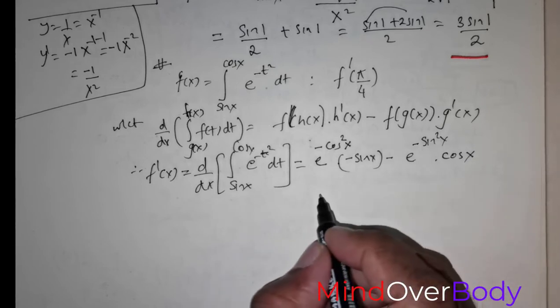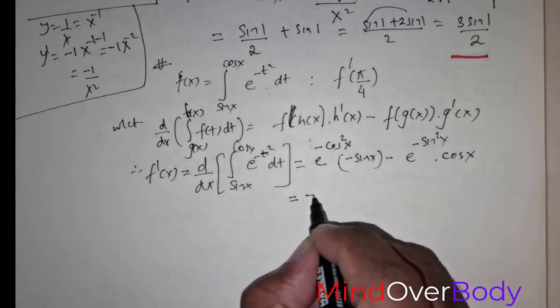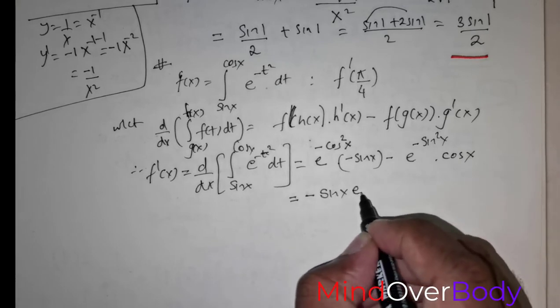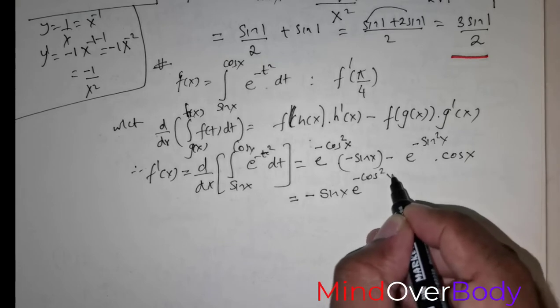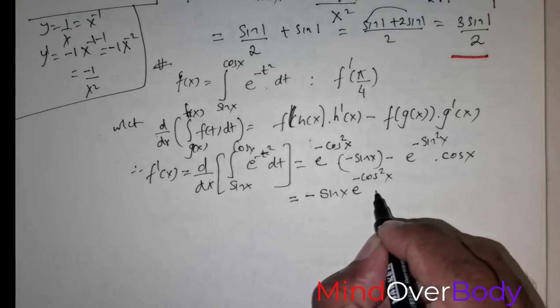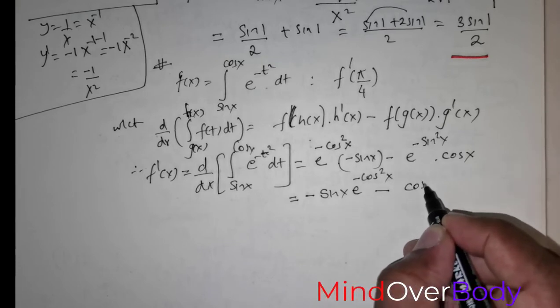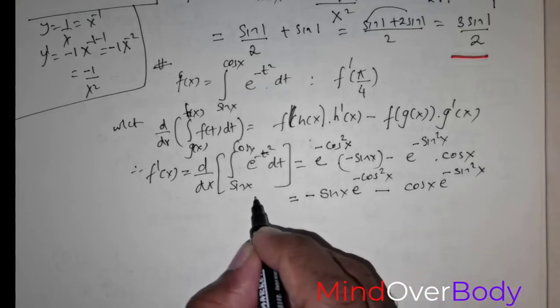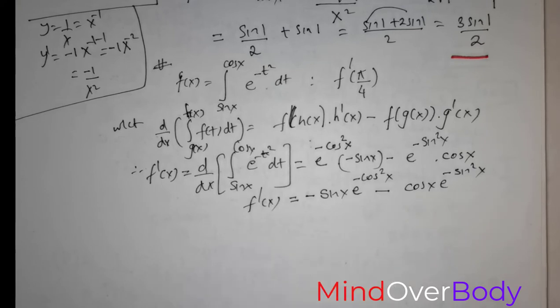So if I were to rewrite this, this is going to be negative sine x times e raised to the power of negative cos squared x, followed by negative cos x times e raised to the power of negative sine squared x. This is my f dash of x.